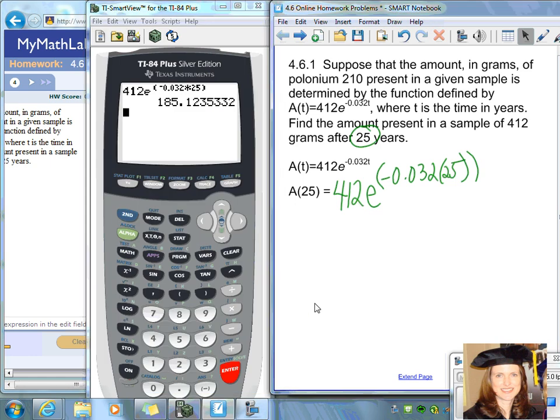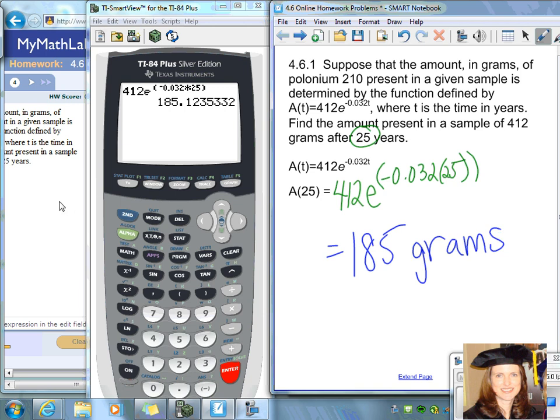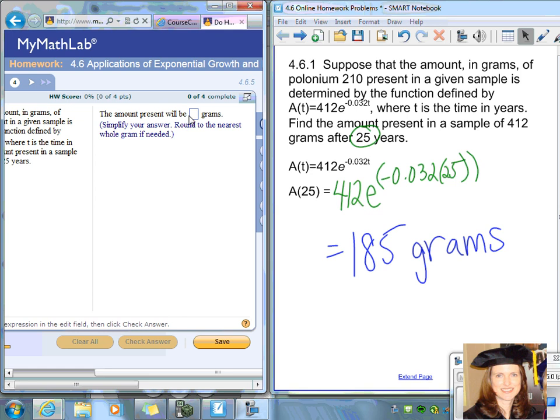So this is going to be approximately 185 grams if you round it to the nearest whole gram. So this is an example of a decay function where it starts off as 412 grams, but over a period of 25 years, the 412 grams is reduced to 185 grams. It's an example of what we call exponential decay.